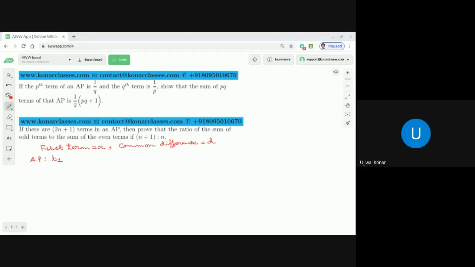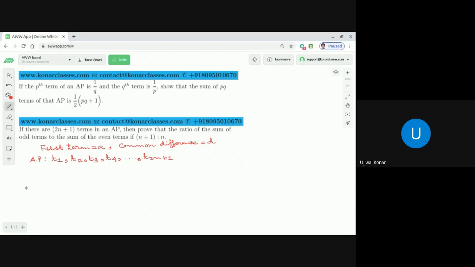It is T1, comma, T2, comma, T3, comma, T4, and in that way it goes up to T 2n plus 1, because there are 2n plus 1 terms. And 2n plus 1 is what, dear students? 2n plus 1 is an odd number, that's why we wrote 2n plus 1.